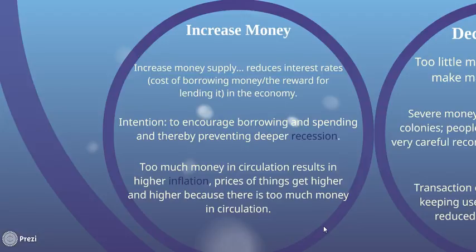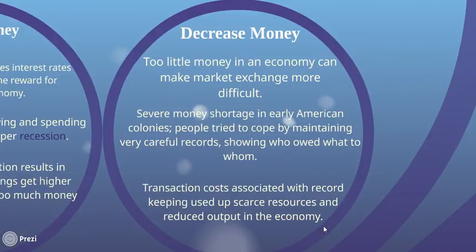Too much money in circulation results in higher inflation. Prices of things get higher and higher because there is too much money in circulation. Or the government will try to decrease the amount of money in the system. Too little money in an economy can make market exchange more difficult.